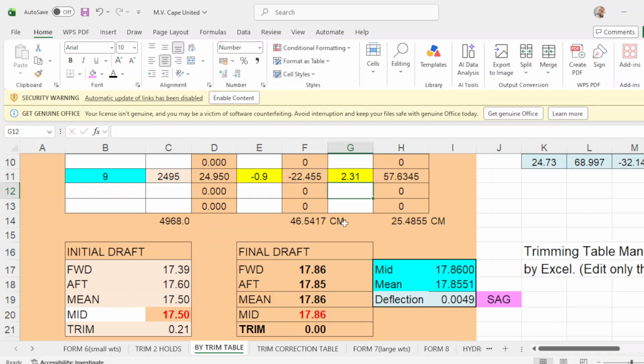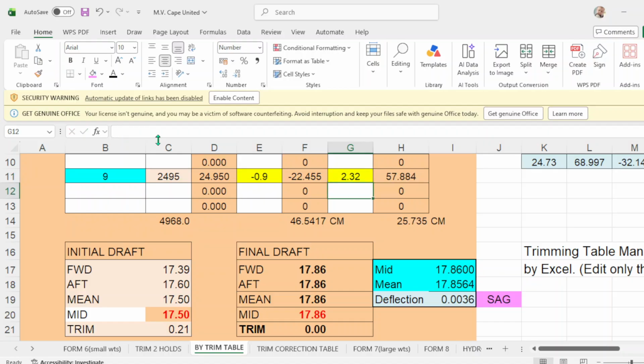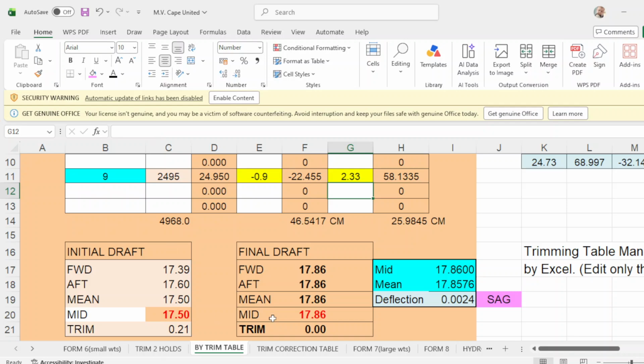There you go. Make this 3-2. Even keel. No? 1786. Your deflection is 0. Make this, try to reduce this one. Make it 3-3. Okay. There you go. Even keel is now reduced.